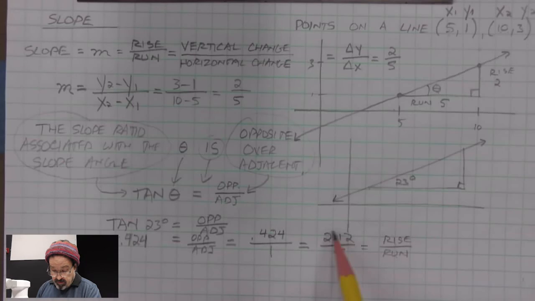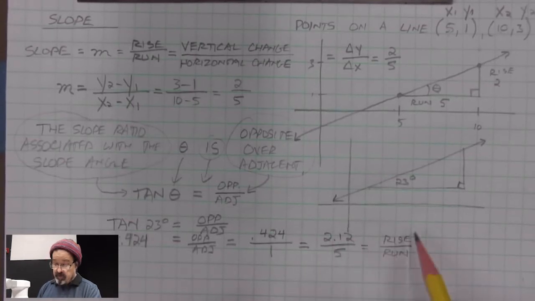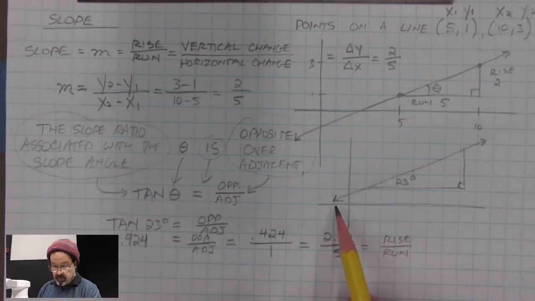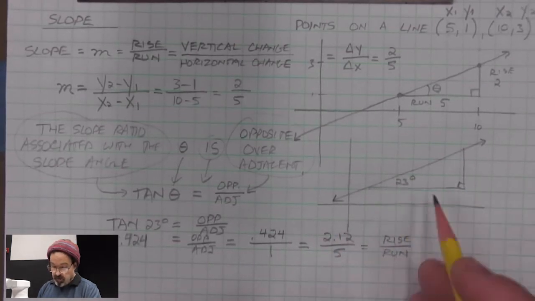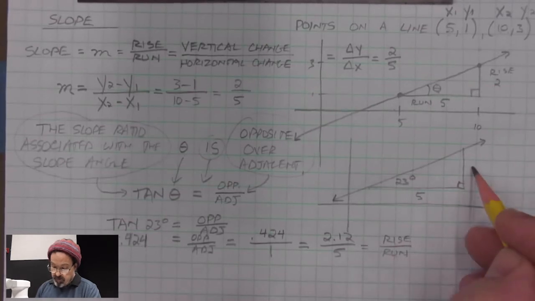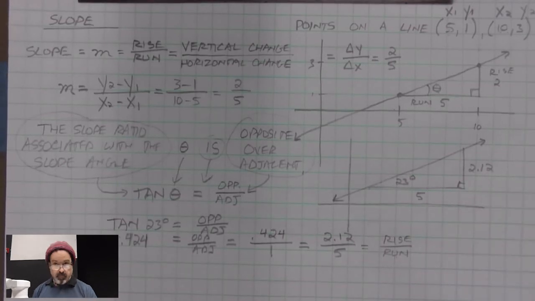And looking at it with these numbers, it kind of matches the triangle that we drew off this line. This run is approximately 5. And when we run 5, we expect to rise 2.12. So it should intuitively work out.